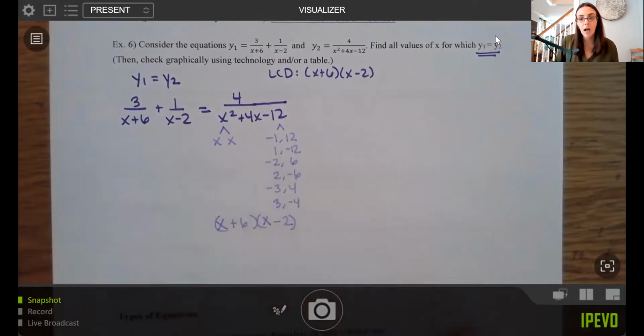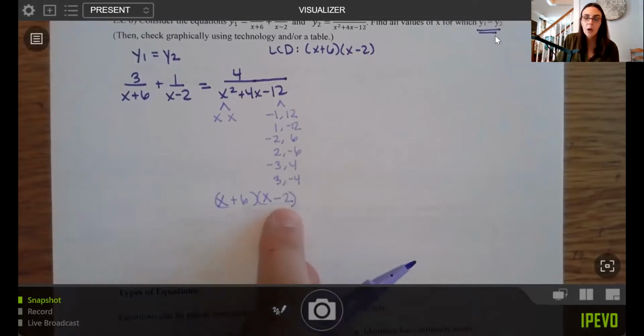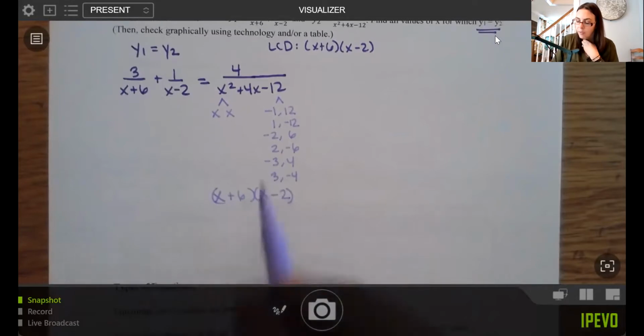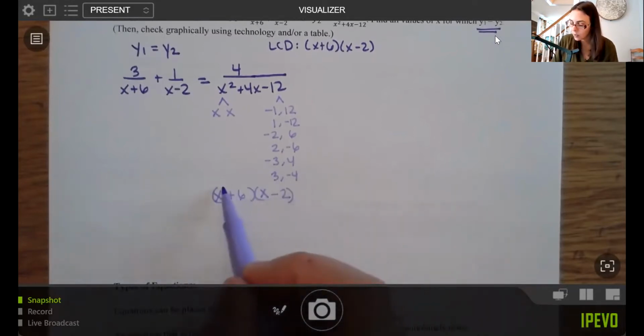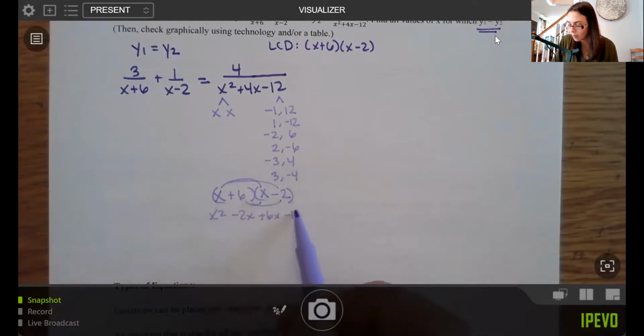Okay. And the combination that works in this case is going to be x plus 6, x minus 2. Or you could write it the other way, x minus 2, x plus 6. If you FOIL this out, you're going to see it matches. So x squared minus 2x plus 6x minus 12, and you get that matching positive 4x in the middle.